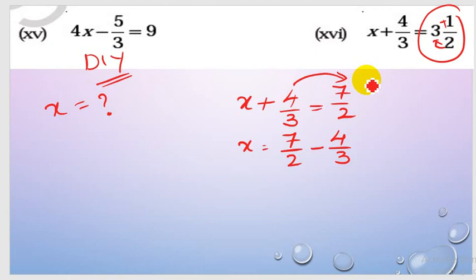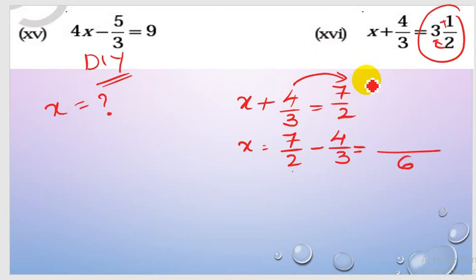Now if you observe the denominators, they are different, that means they are unlike fractions. If you want to apply any arithmetic operation, I should make the denominators the same, that means I need to make those fractions like fractions, right? To make those like fractions, I need to take the LCM.